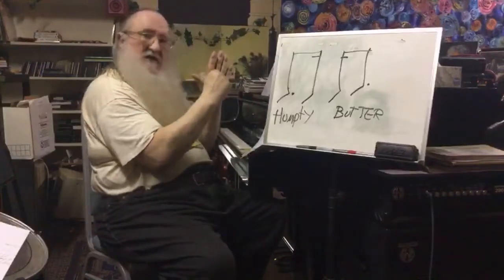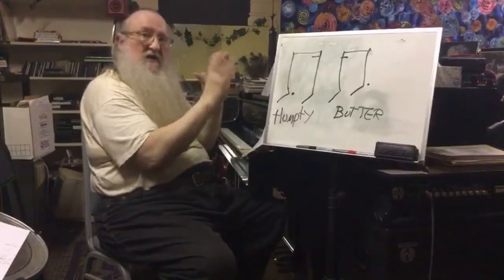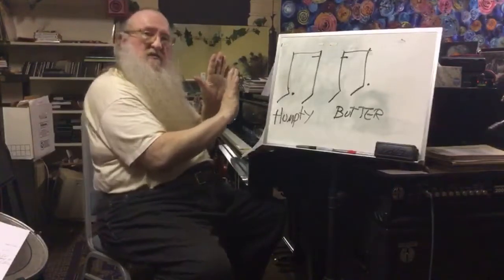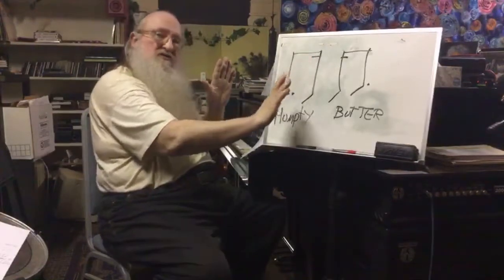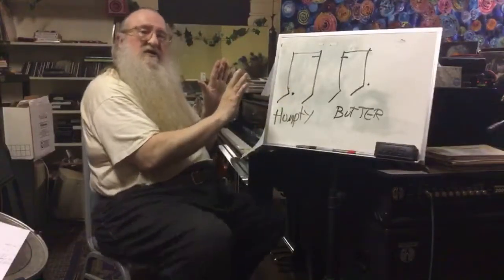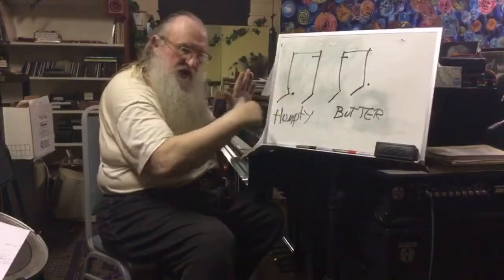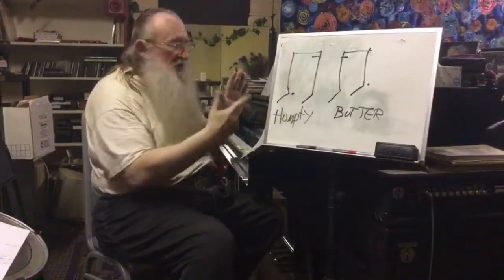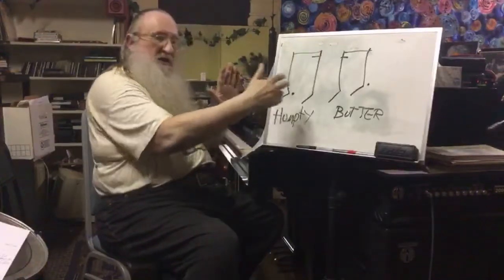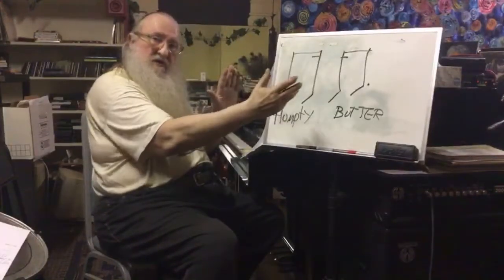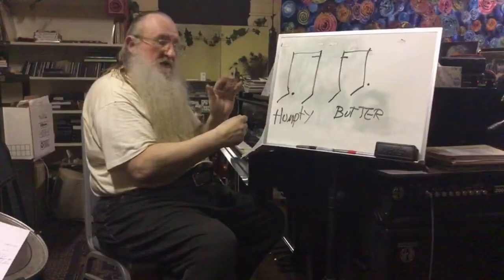But if I say only the first 2 syllables and hold the other 2 syllables at the end, tying them into the next beat, I'm still thinking alligator, but what comes out is butter, butter, butter, right? So next week, Humpty and butter, okay?